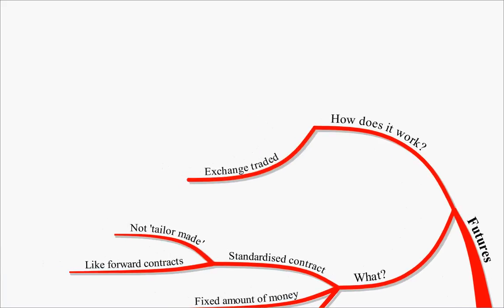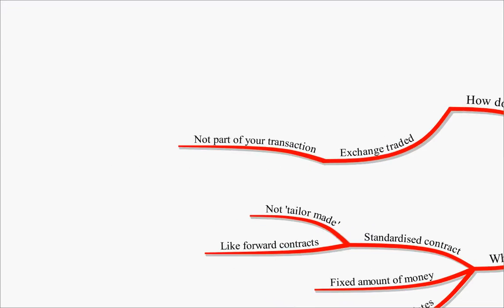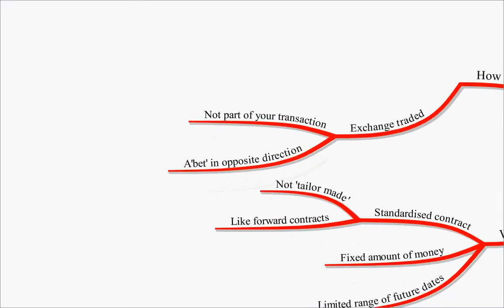Well, they're exchange traded, so it's not an actual amount of money, it's a buying and selling of a price, so it's not part of your transaction. It's a bet in the opposite direction. So if you have a currency transaction, say you're receiving $10 million, the risk that you have is that that $10 million is worth a lot less by the time that you get it.